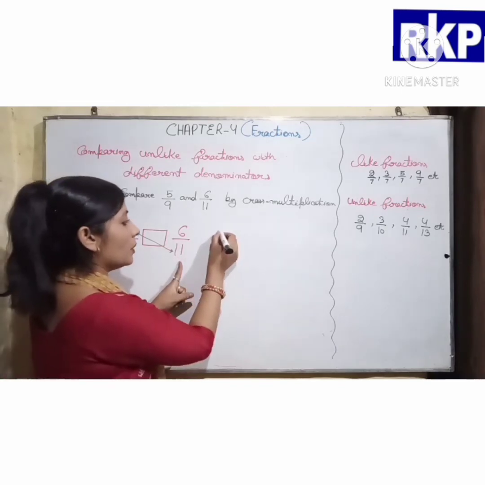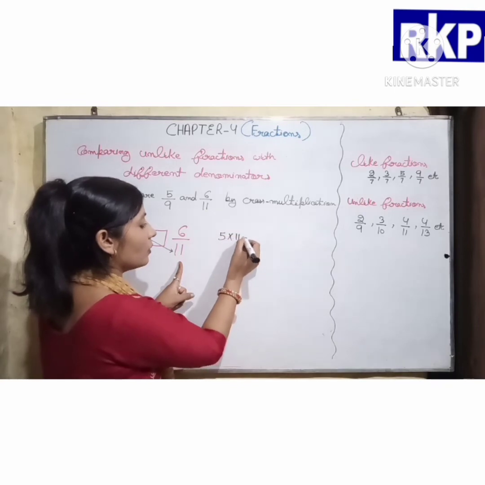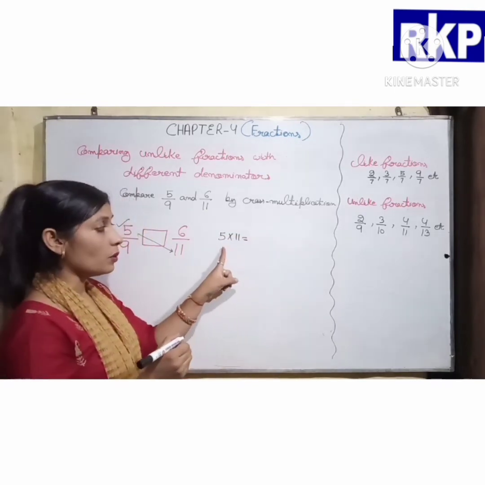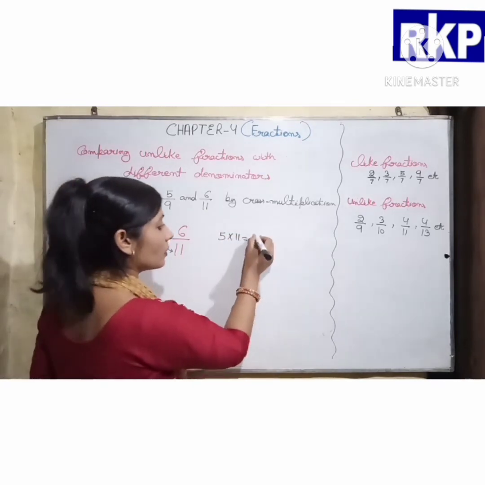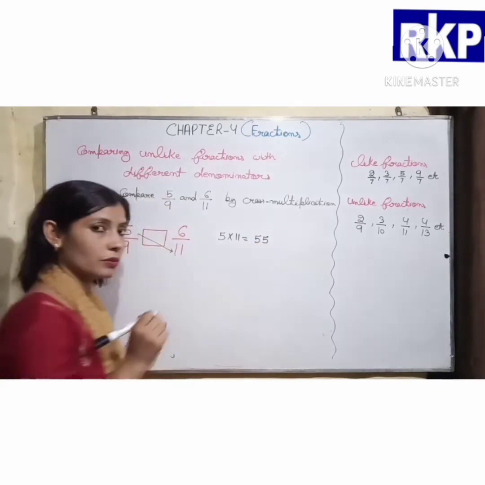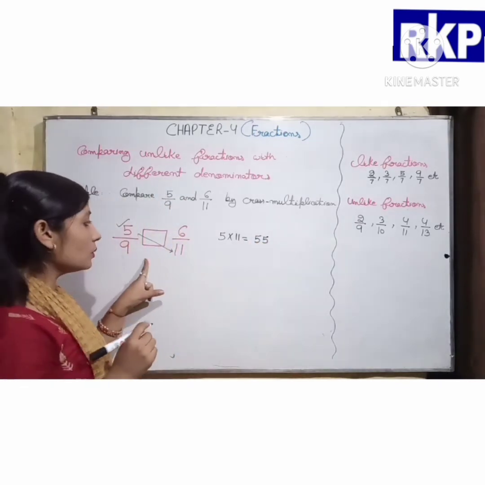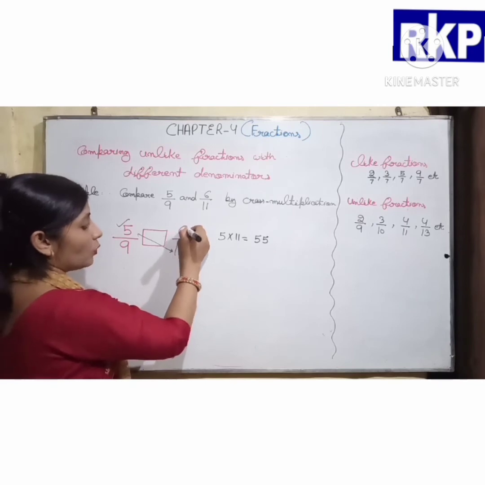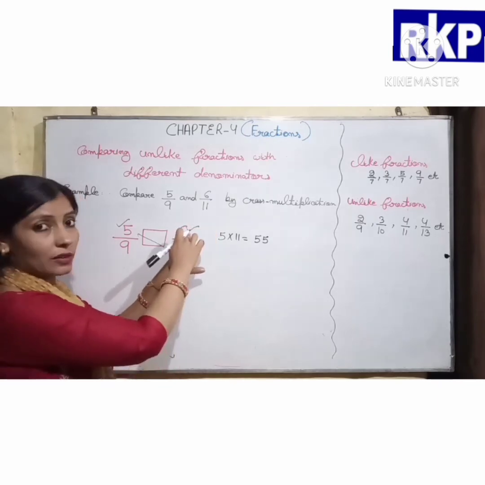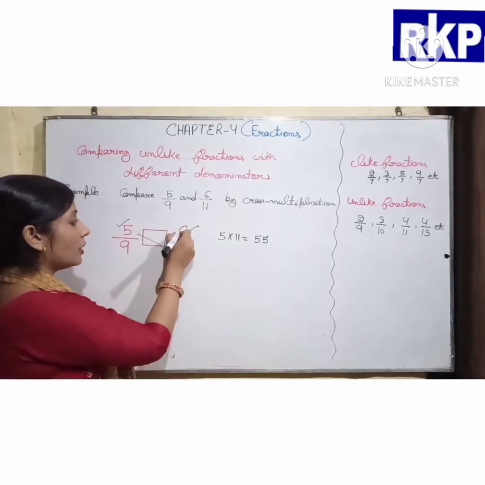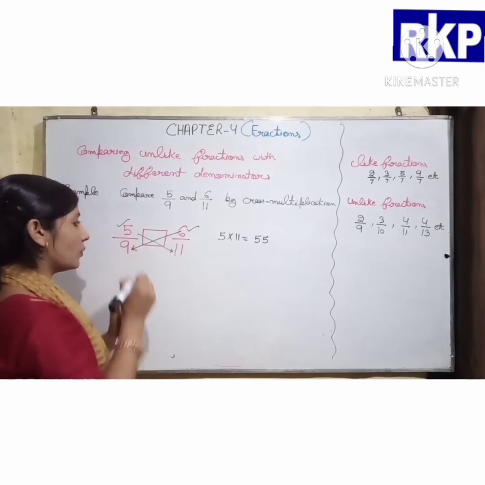That means we multiply 5 with 11, and we get 55.